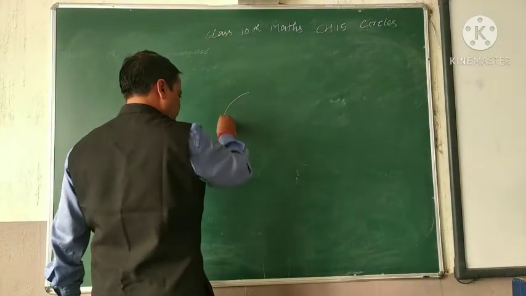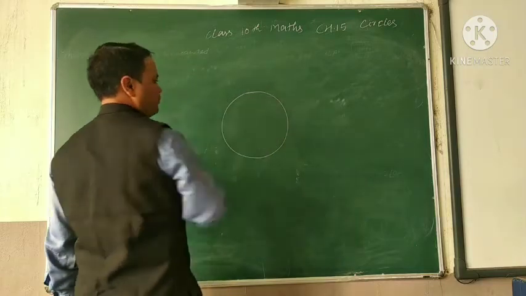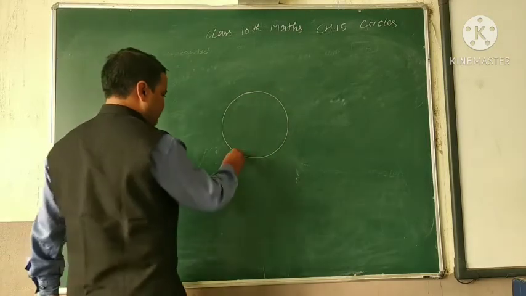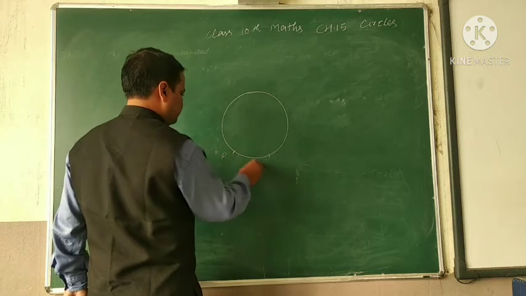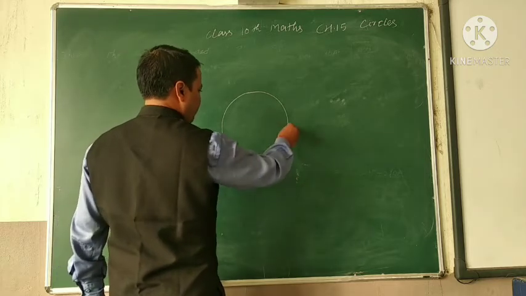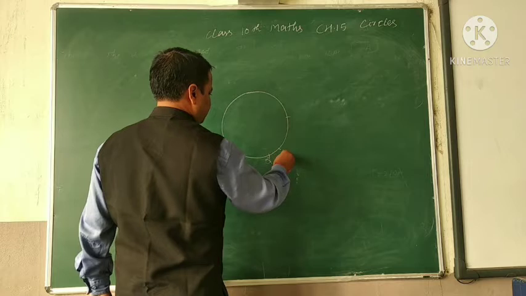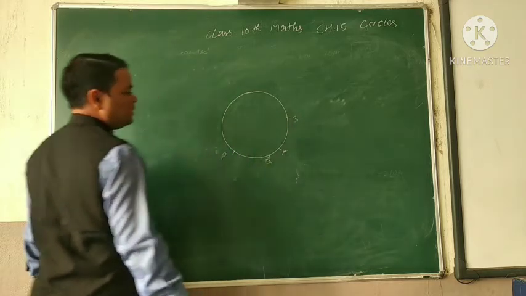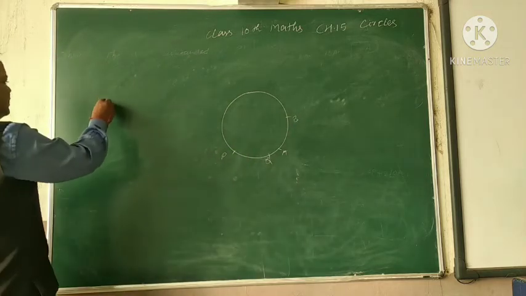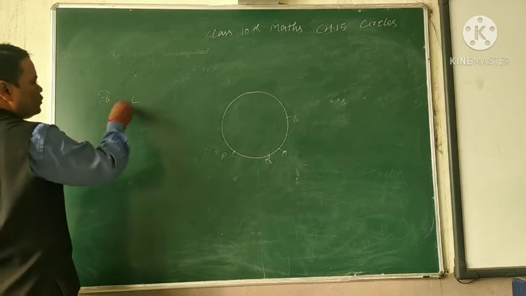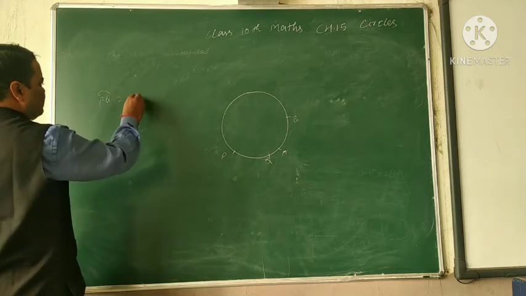Here, okay, if you have here PQ and here AB, just take AB. What is the condition? Arc PQ is equal to arc AB.